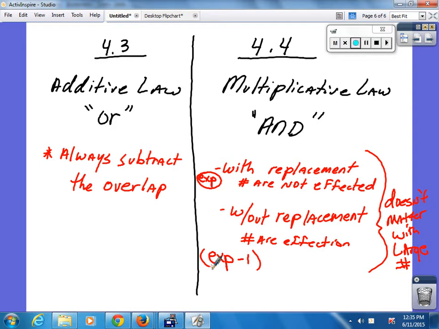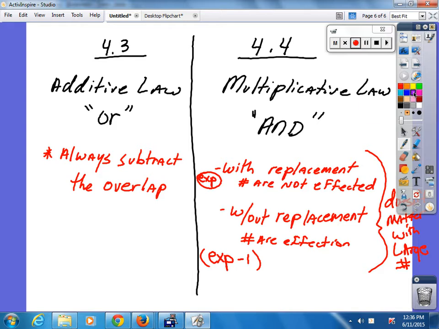Most of the time, these will both be in reference to a table. Both of them will be given in terms of a table. And remember, I told you on the additive law, don't think too much about the table. Just use your highlight and go across, and then wherever it overlaps, you subtract.